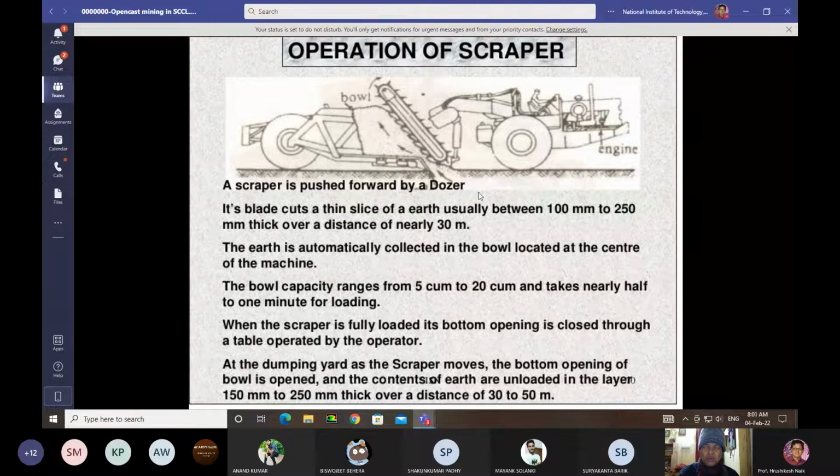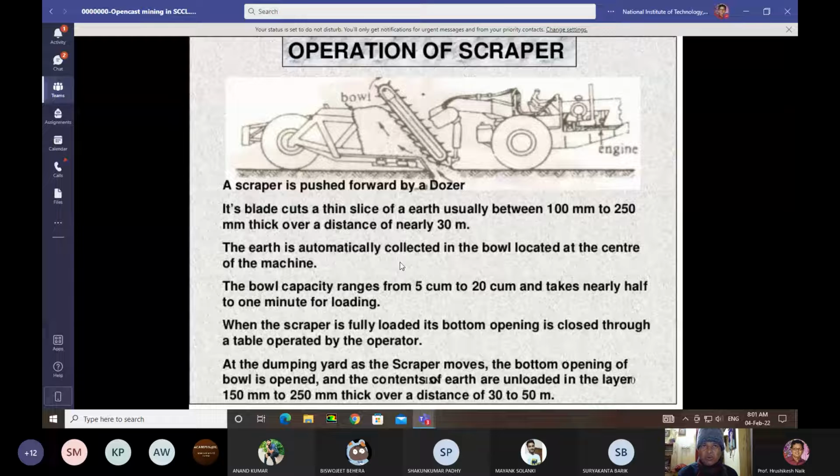Its blades cut a thin slice of earth, usually between 100 millimeter to 250 millimeter thick, over a distance of nearly 30 meter. The earth is automatically collected in the bowl located at the center of the machine.